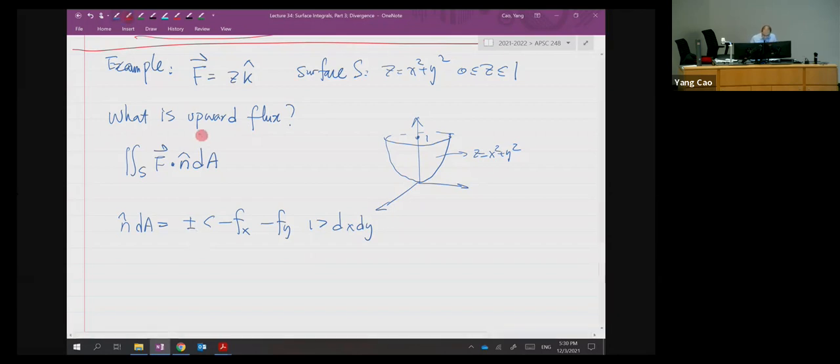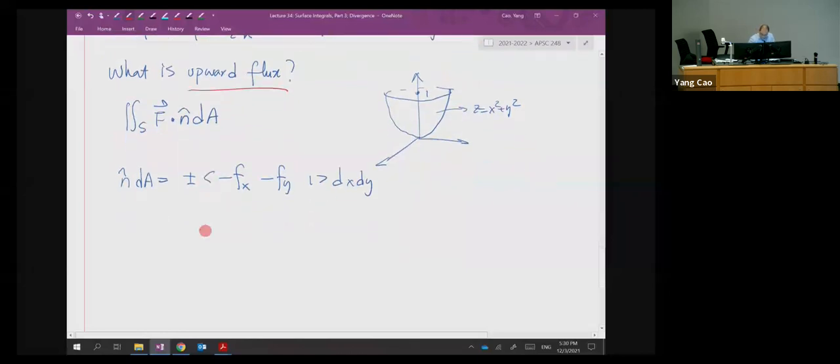The question is asking for the total upward flux, or flux in the upward direction. Upward technically is in the direction of the z-axis. So your choice of n hat dA, the positive or negative sign, you look at this formula right here. You have two different vectors, one vector is this, and the other vector is this.